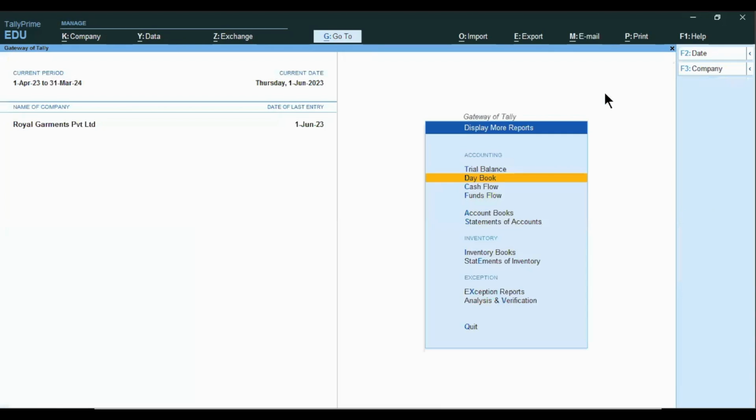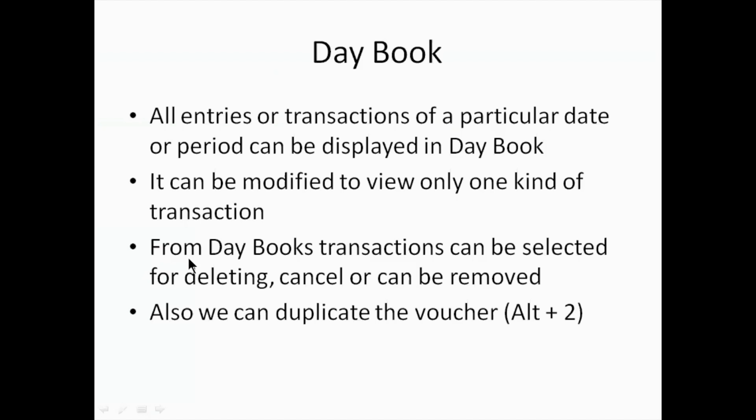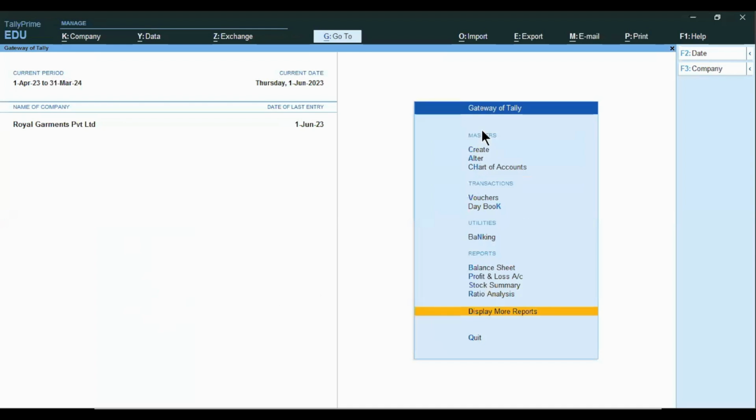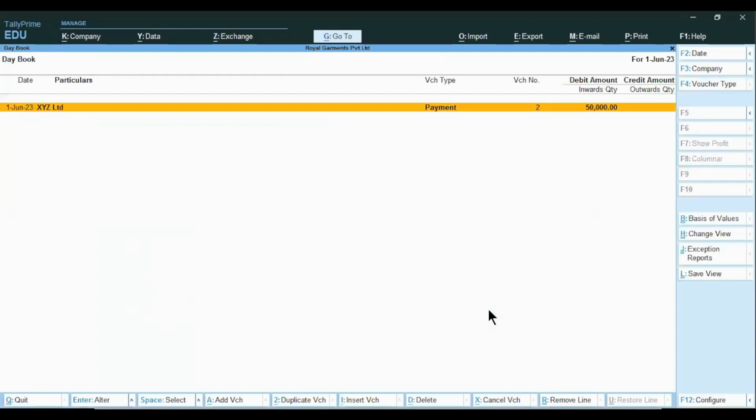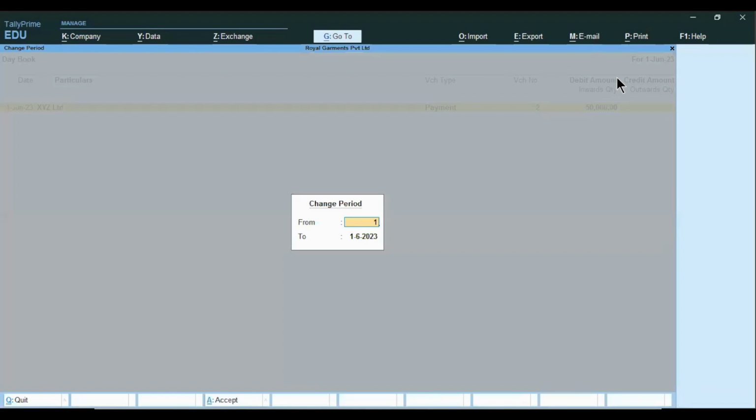Enter. Escape. Suppose you want to delete a transaction from a daybook. How to delete it? Again, go to gateway of Tally, display more reports, daybook, Alt F2 to check the transactions right from 1st of April 2023 till end.